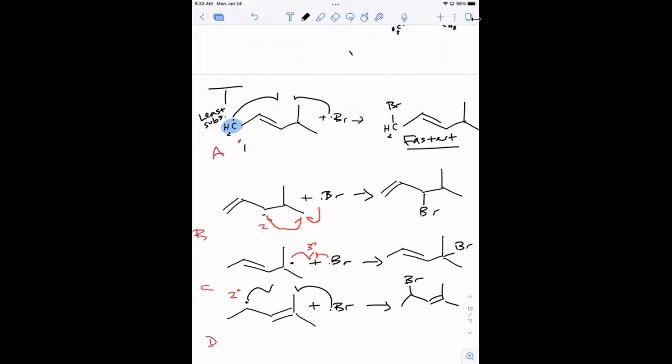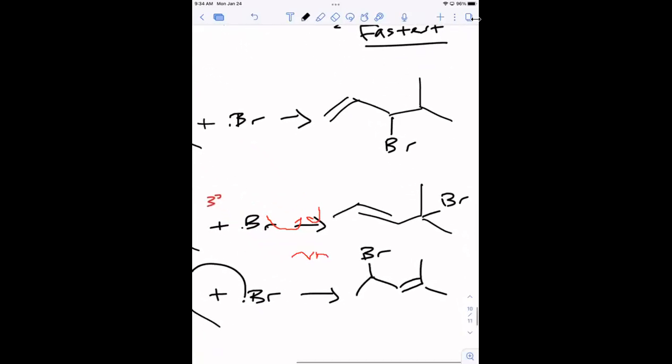Now C and D give us an opportunity to add on to what we know about this reaction. We know that the reaction happens faster at the least substituted sites. So we can also look at C, and you see that that is a tertiary site.